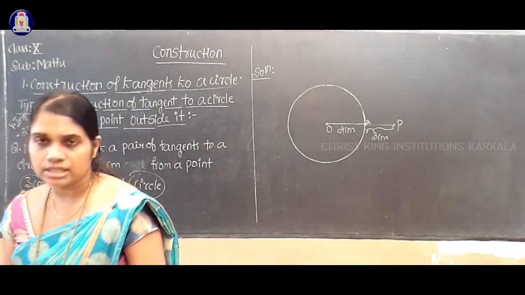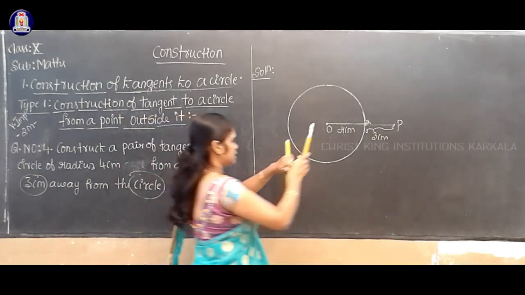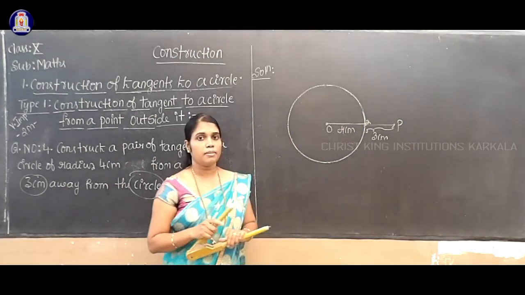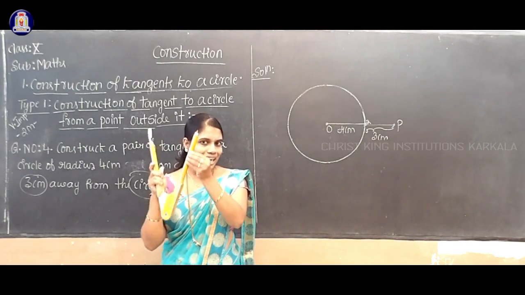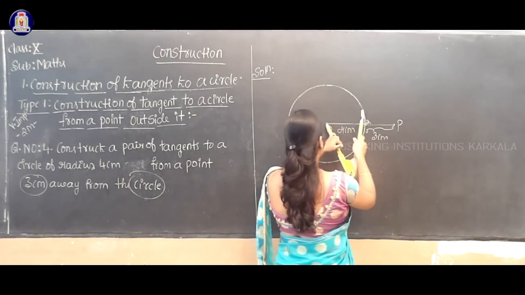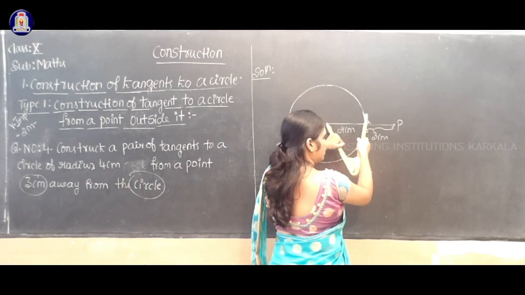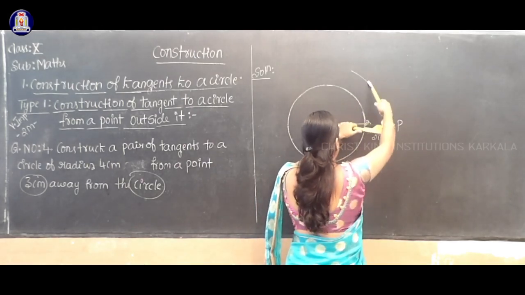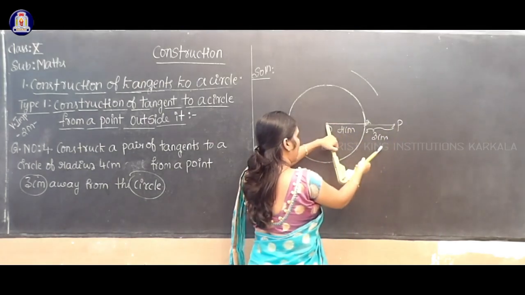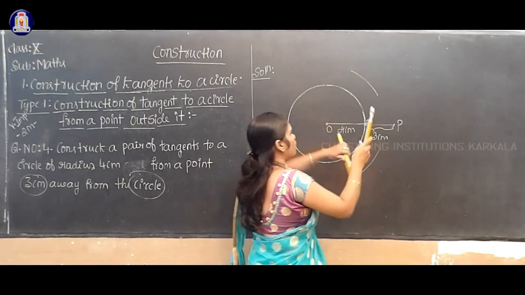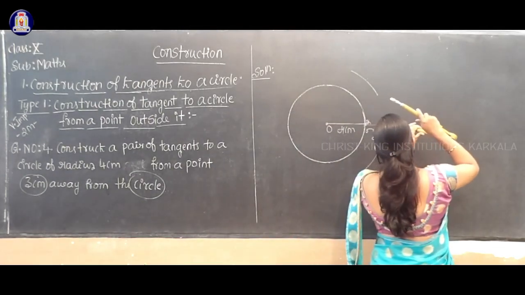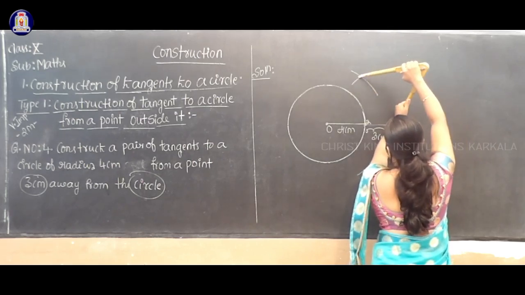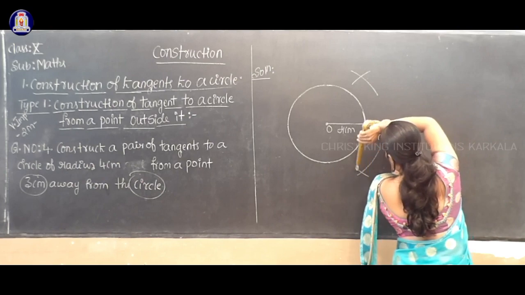So how to construct? First I will consider the perpendicular bisector. How to construct the perpendicular bisector? Keep the leg of your compass at the point O and take more than half, and draw one arc at the top and another arc at the bottom. Once again keep the leg of your compass at the point P. Cut these 2 arcs.